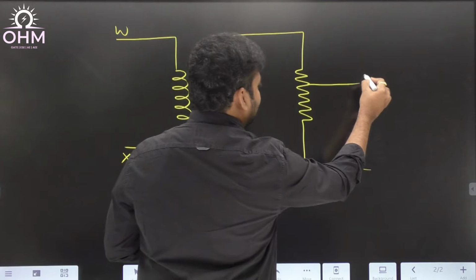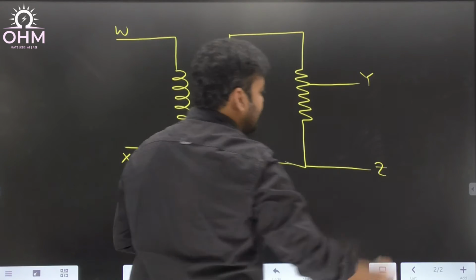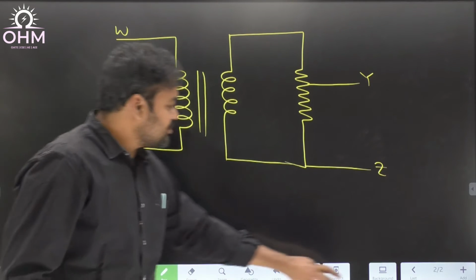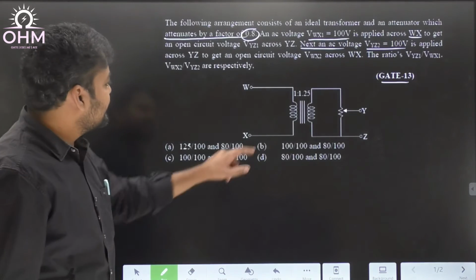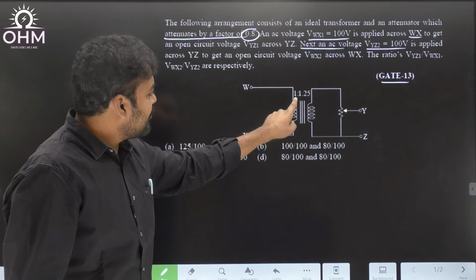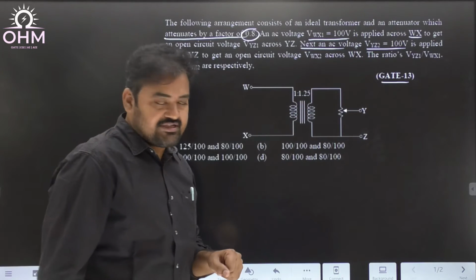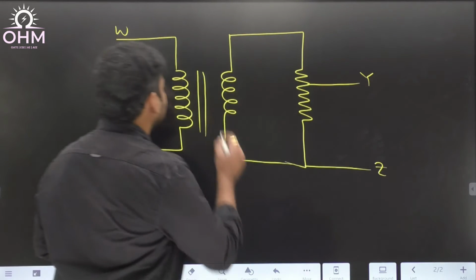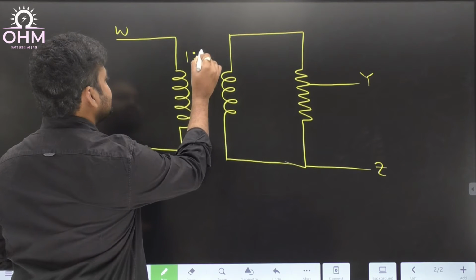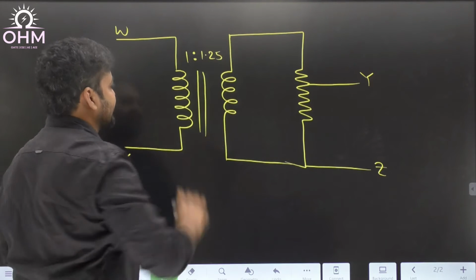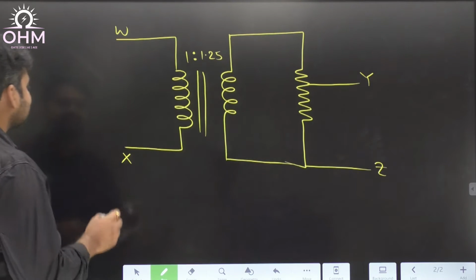These are the YZ terminals, and the turns ratio of the transformer was clearly mentioned as 1:1.25. That is the turns ratio.